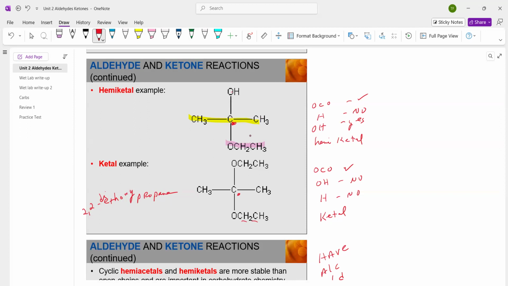No H, that means it's going to be a ketal. And OH is present, so it's going to be a hemi. This one down here, OCO, yes. OH, no, that means it's not a hemi. And there's no H, so it's a ketal.